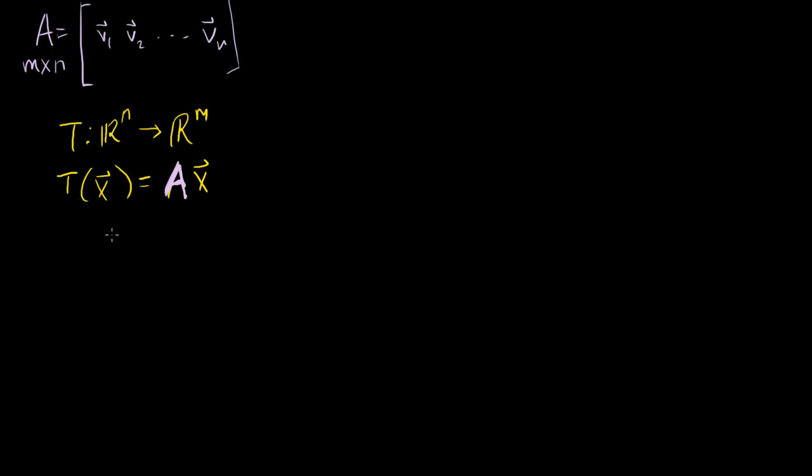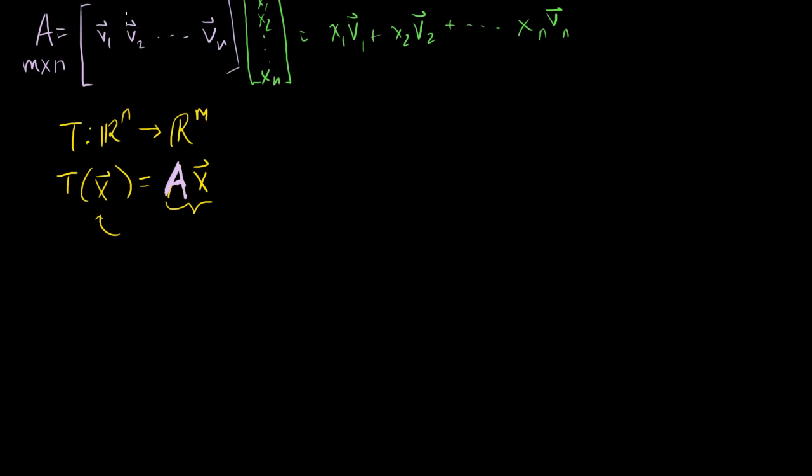So what are we doing? We're taking something from Rn, and then what does Ax produce? If this is x, where it's x1, x2, it's going to have n terms because it's in Rn. Ax can be rewritten as x1 times v1 plus x2 times v2 all the way to xn times vn. So it's going to be a sum of a bunch of these column vectors.